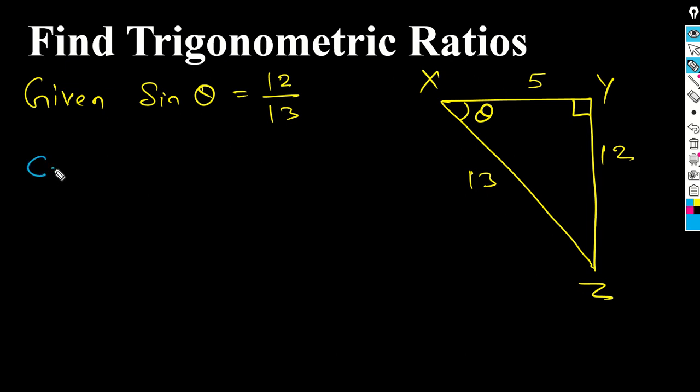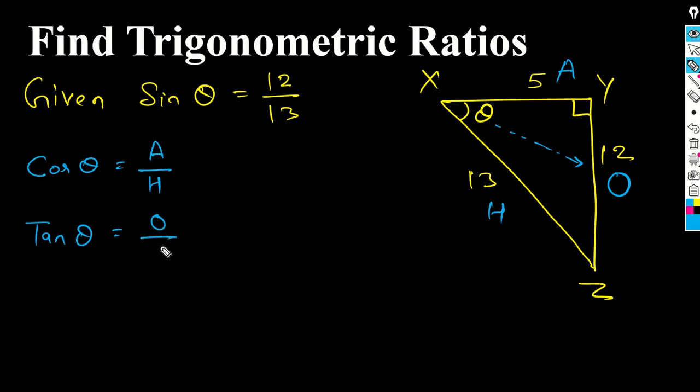Okay, so cos theta will be equal to, so from here if you look, this side is opposite, this side is hypotenuse, this side is adjacent. Cos theta is adjacent over hypotenuse. Tan theta is opposite over adjacent. And now the remaining is very simple, so you can do them by yourself.